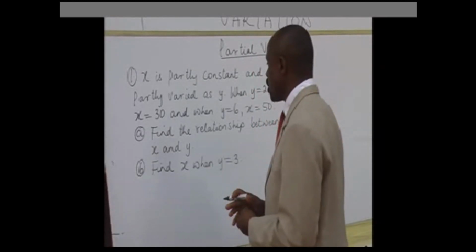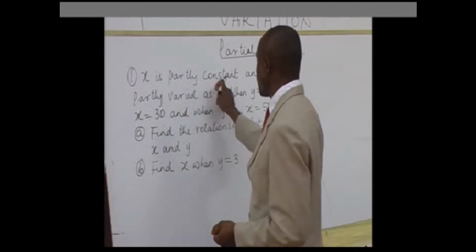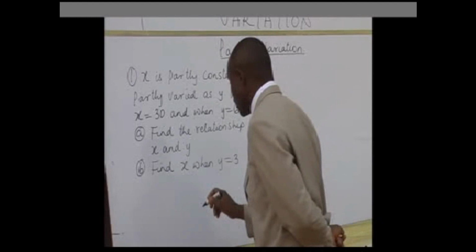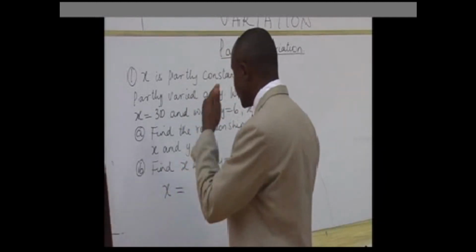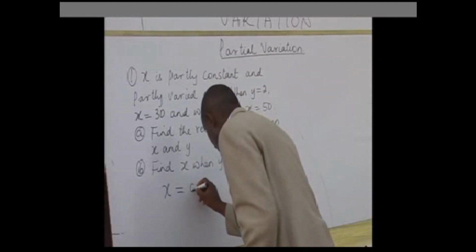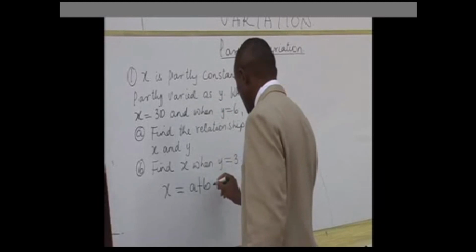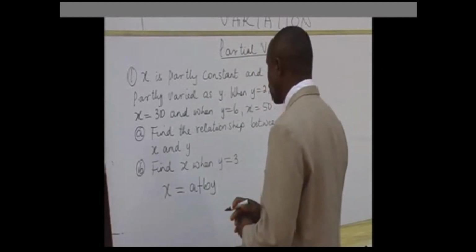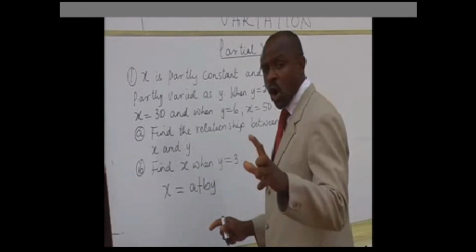This partial variation question now, as long as I say that X is partly constant and partly varied as Y, the equation straight is going to be X is equal to A plus B, then bring in what it is partly constant and partly varied with. In this case now, A and B are both constants.